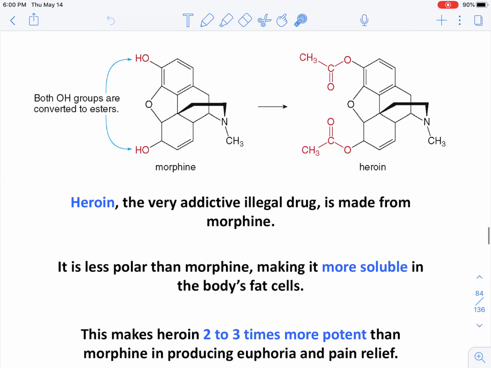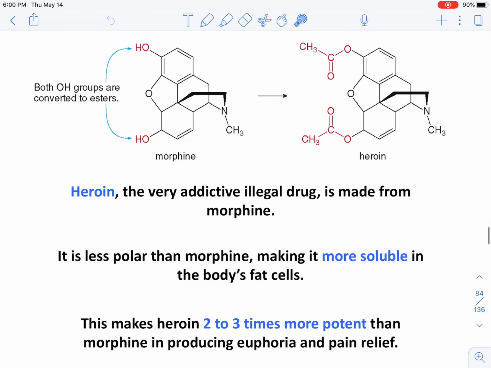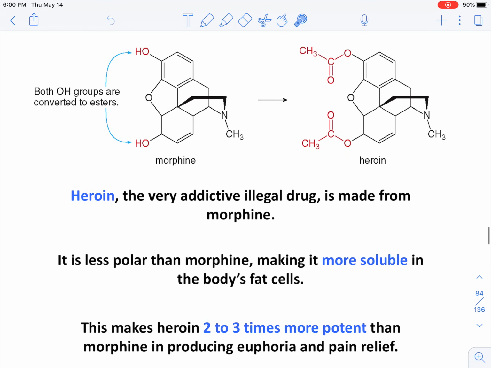What's really interesting about morphine is that if one was to be an organic chemist in the bad way, such that you're producing heroin, please don't produce heroin.